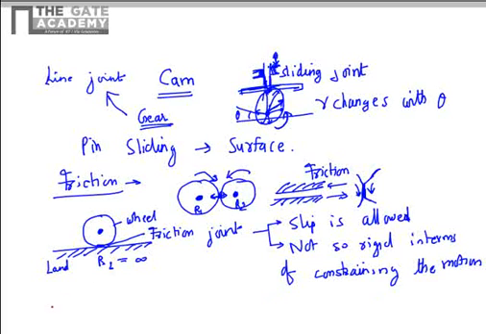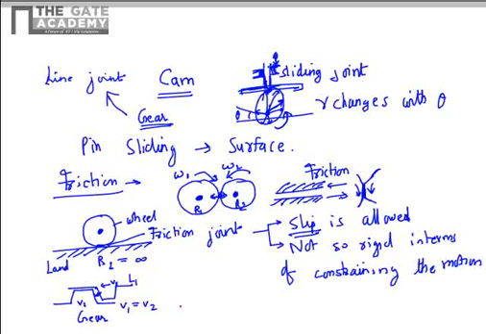Whereas if you see a gear joint, the two teeth are in contact with each other, there cannot be any slip allowed. The velocity of link 1 and velocity of link 2 will be same. But in this case, the velocity of one wheel can be different from velocity of the other wheel. So slip is allowed.